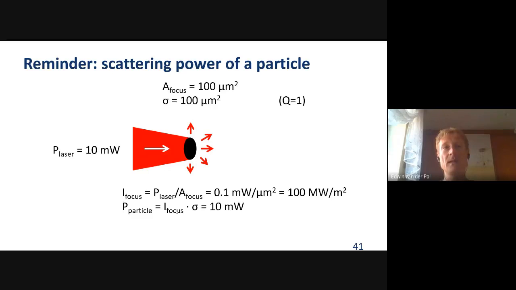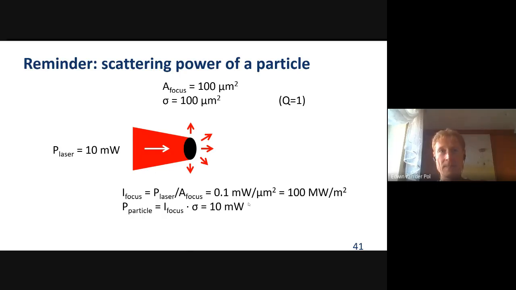The incoming intensity of the focus, which we already calculated, was 0.1 milliwatt per square micrometer. We multiply that with the cross section of the particle, and obviously, because the particle scatters all the light, it scatters 10 milliwatt.